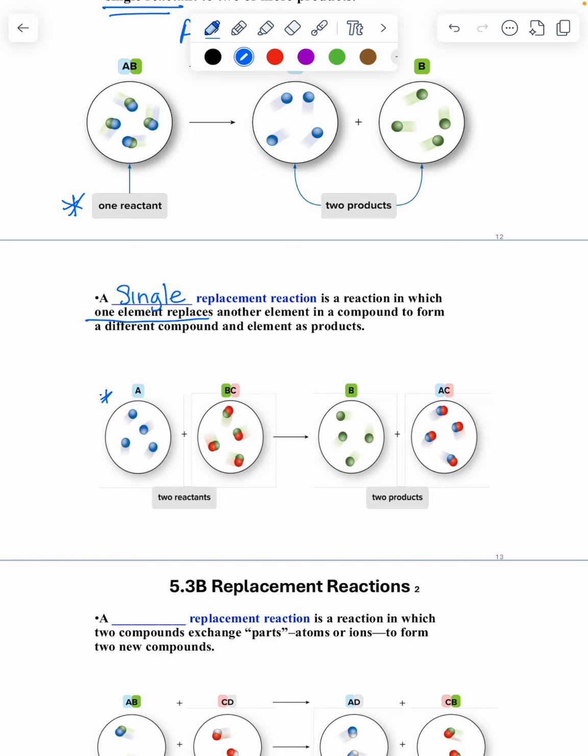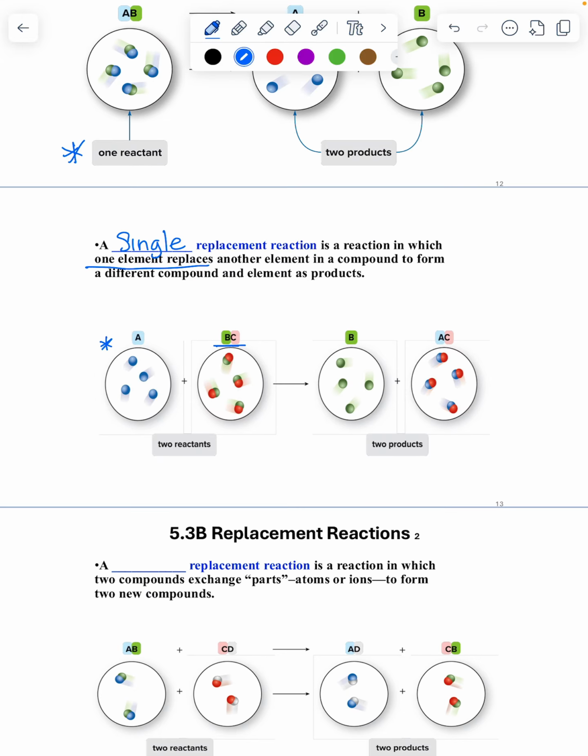In this example, A was able to replace B in the compound. So you have A plus BC, and B is going to be by itself now, and we have a new compound with A and C. This would be a great pattern to memorize for single replacement reactions.